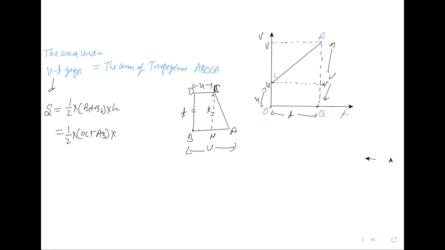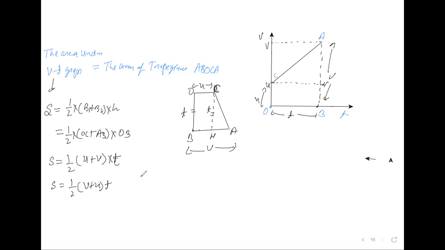Height you can take OB or CN. I'm taking OB. The value of OC is u, the value of AB is v, and the value of OB is t. So finally, it is half (v plus u) into t.